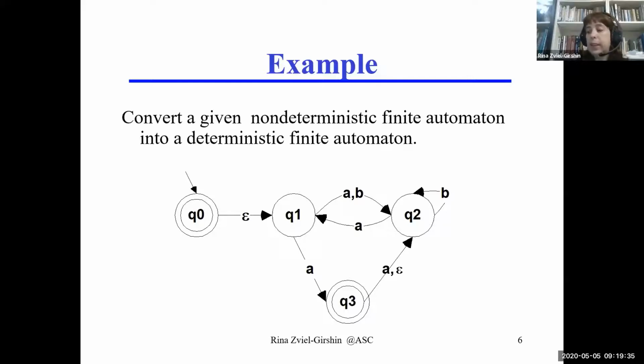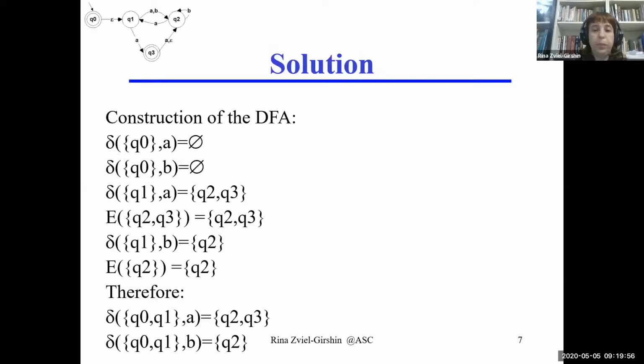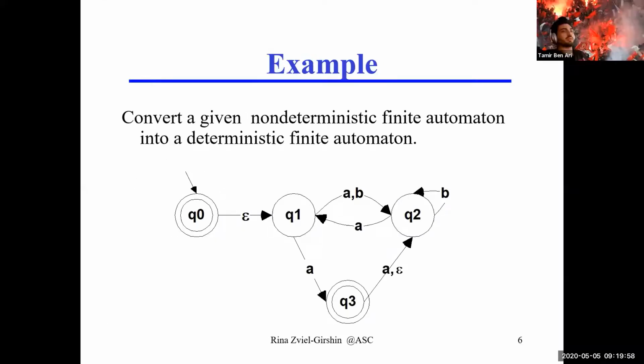And now the next task for you: write where you can go with an input letter A from the state Q0, Q1, and on the input letter B from Q0, Q1. So you're trying to get rid of the epsilon?